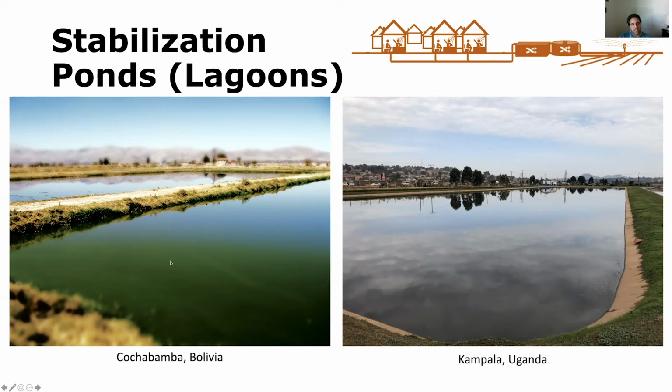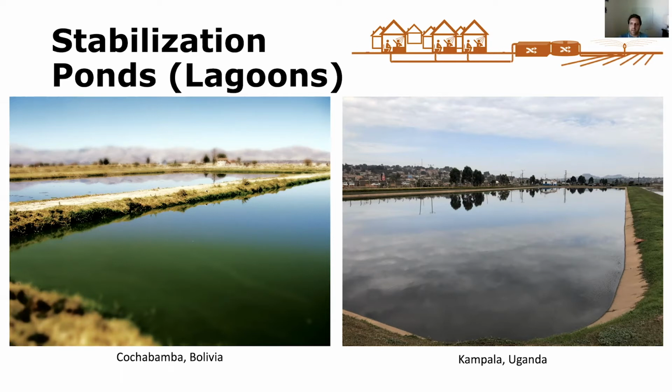Those algae in turn are producing oxygen as a byproduct, and that oxygen becomes a source of reducing power for the bacteria in the wastewater that are degrading organic matter. So, kind of similar to what you see in the activated sludge system, where oxygen is pumped into the wastewater so that the bacteria are able to degrade and convert those organic molecules down to CO2.